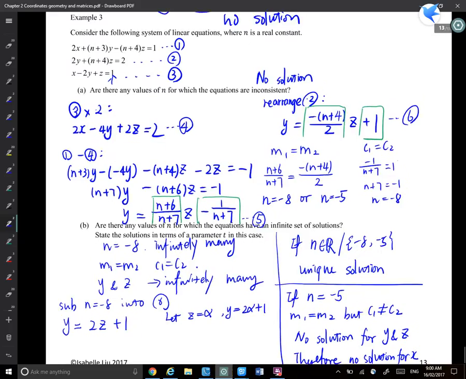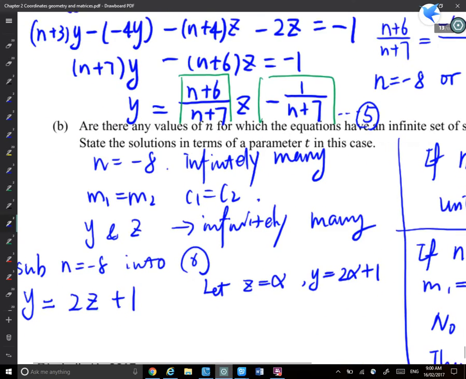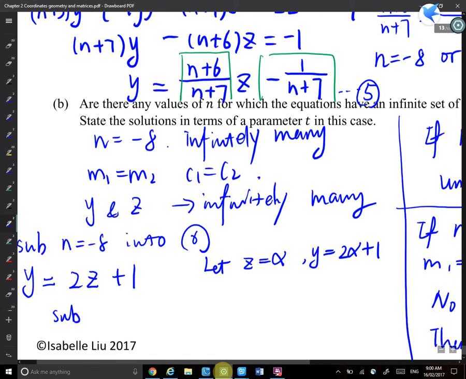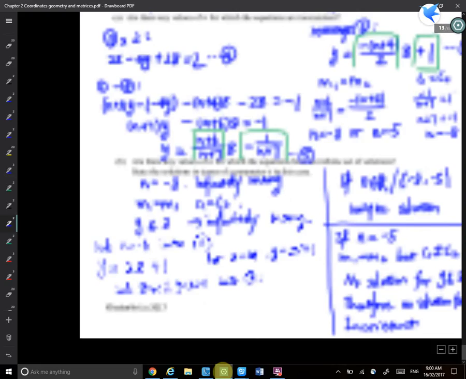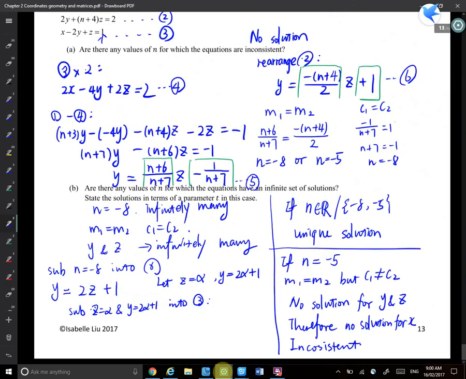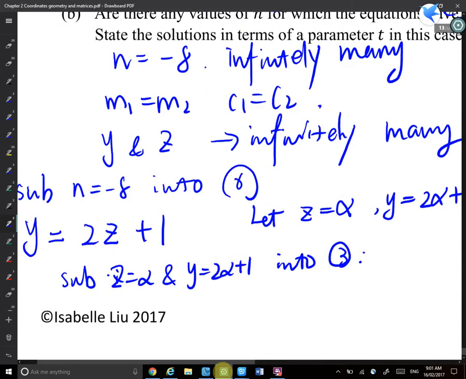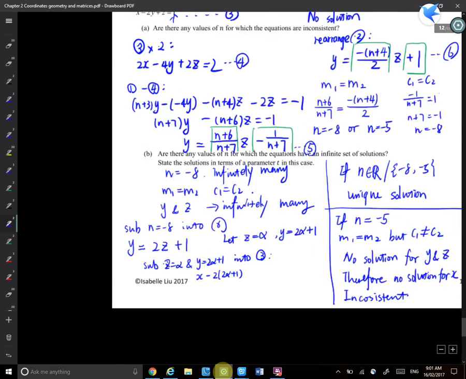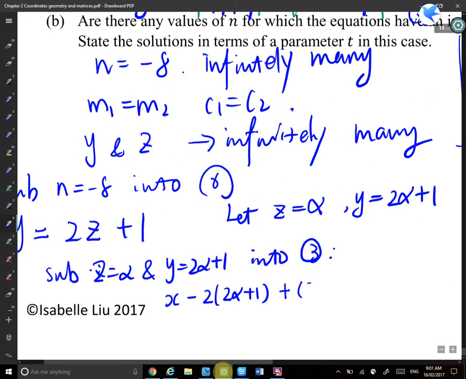Let's sub z equals to alpha and y equals to 2 alpha plus 1 into the third equation. We will have x minus 2y plus z. x minus 2y is 2 alpha plus 1, and plus z, z is alpha.